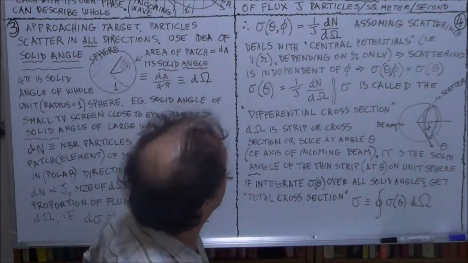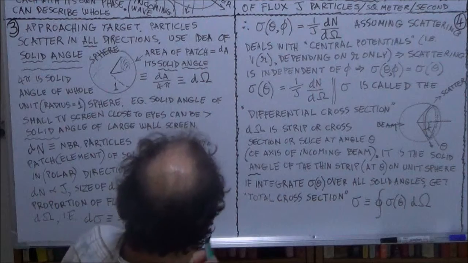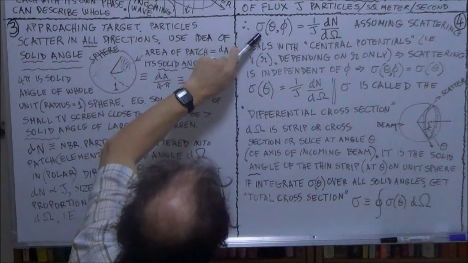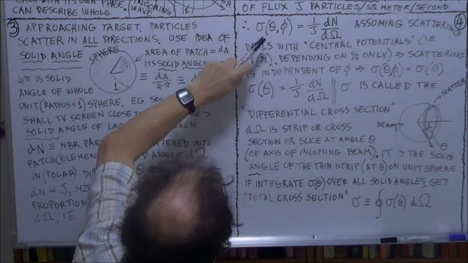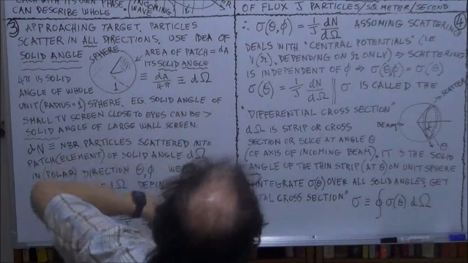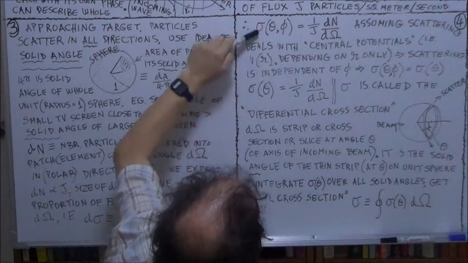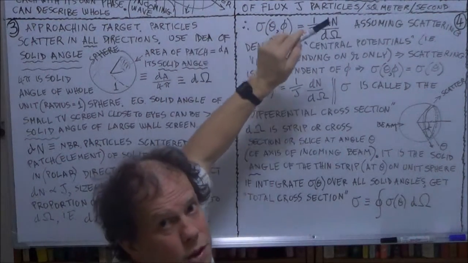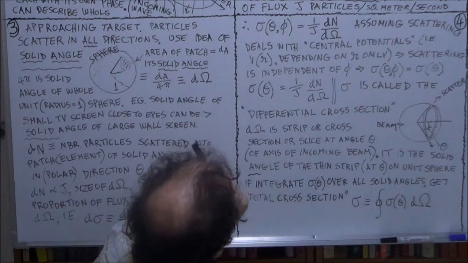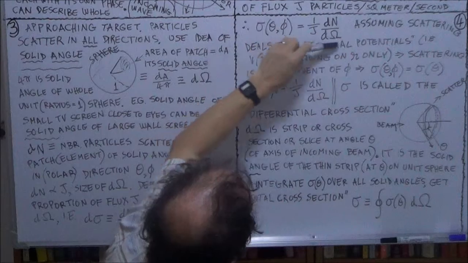But okay. Given that definition, you can rewrite the little sigma as just 1 over j, dN, d omega. That's just a bit of algebra, rearranging terms a little bit. So remember this.